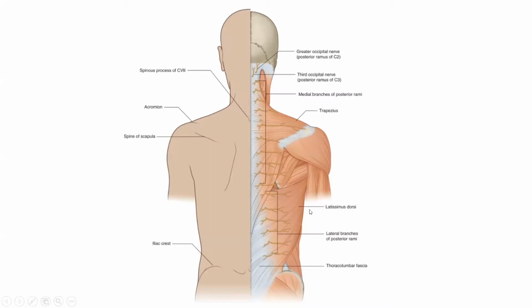As I mentioned before, the dorsal branch of the spinal nerve is divided into the medial branch and the lateral branch. Usually the medial branch of the posterior rami, or the dorsal branch of the spinal nerve, in the upper part of the trunk contains mainly sensory fiber, but whenever we go toward the caudal part, then you can see that the lateral branch of the dorsal branch of the spinal nerve contains mainly the sensitive or sensory fiber.